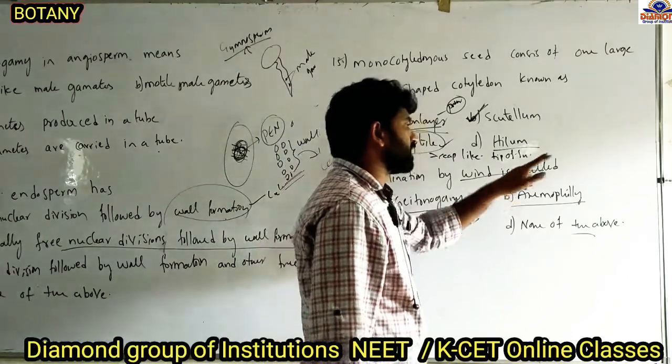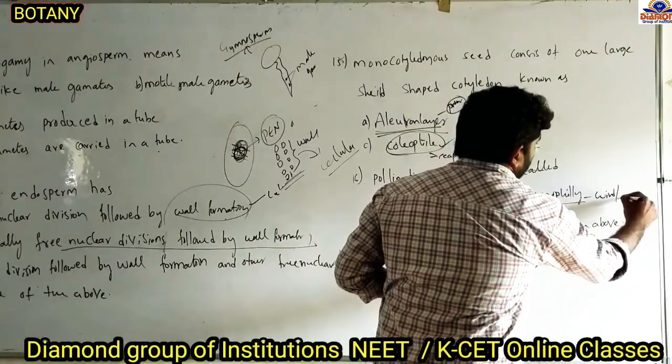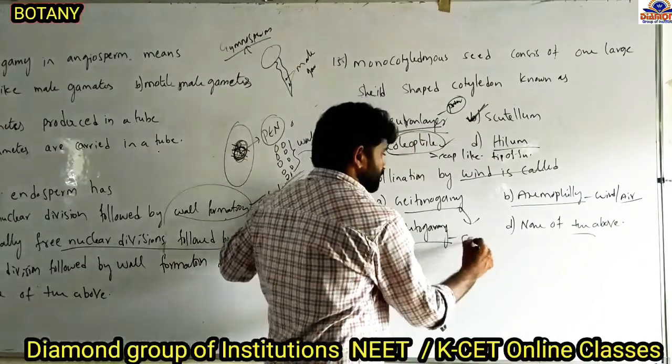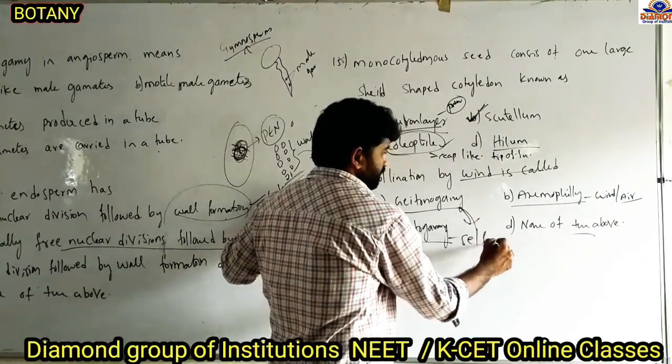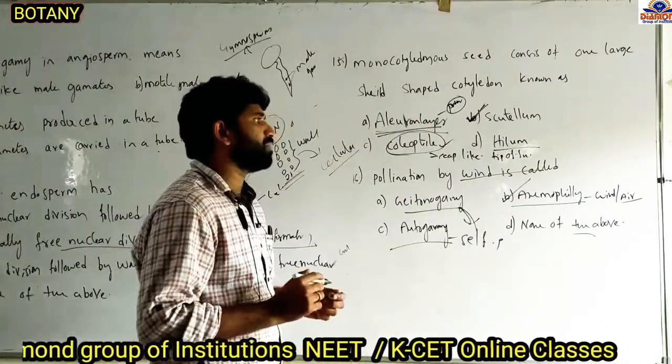And anemophily is the transfer of pollen through the wind. Here the wind or air acts as the pollinating agent. Autogamy is self-pollination. So the answer is anemophily, wind pollination, B.